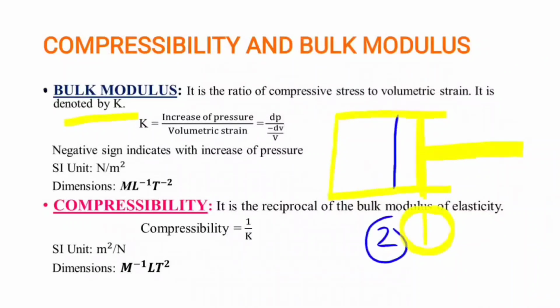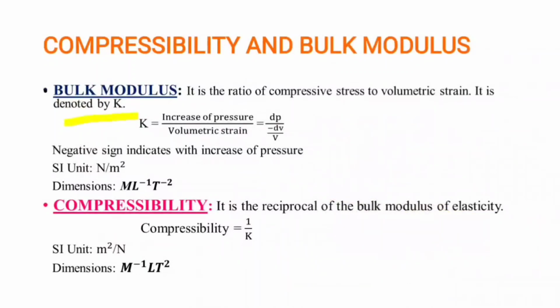Then the volume will decrease, and pressure in this case increases. So the negative sign refers to the pressure increasing with volume decrease, or volume decreasing with increase of pressure.